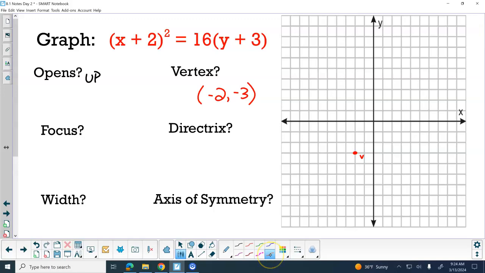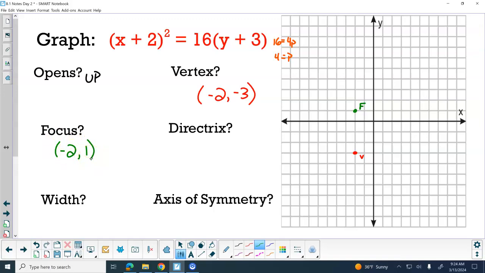16 is my width, or my 4p. So that means that 4 then is going to equal p. Since it is opening up, that means my focus is 4 up, which would be at the point -2, comma, +1.